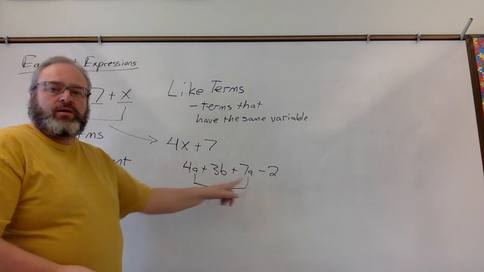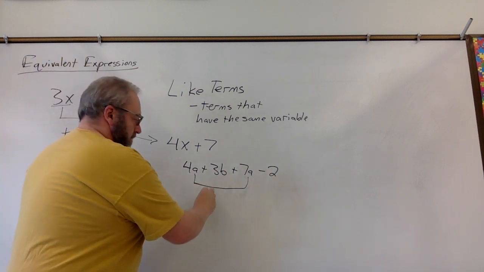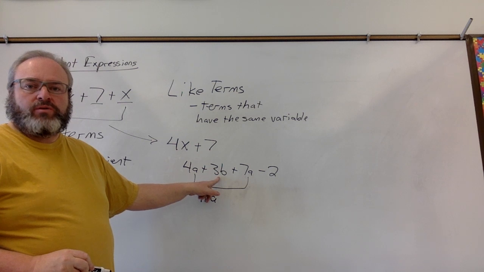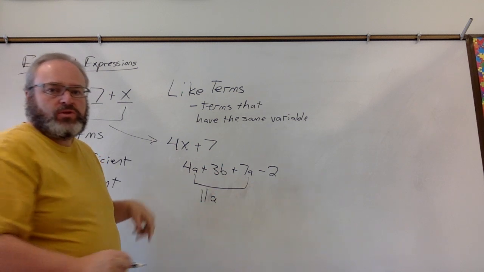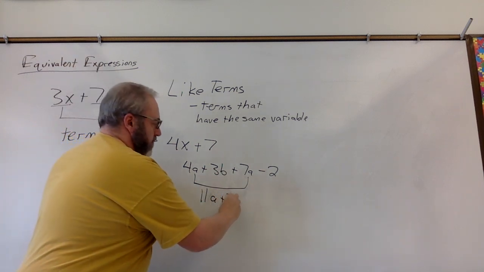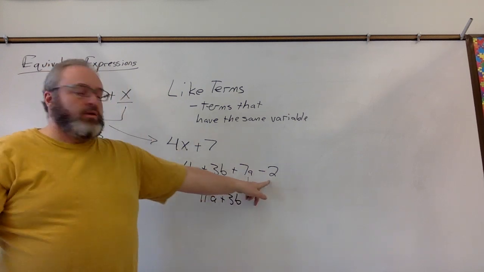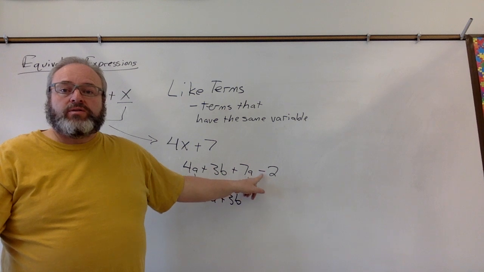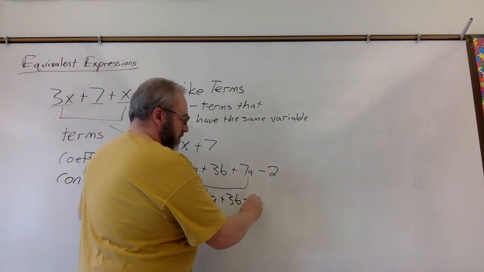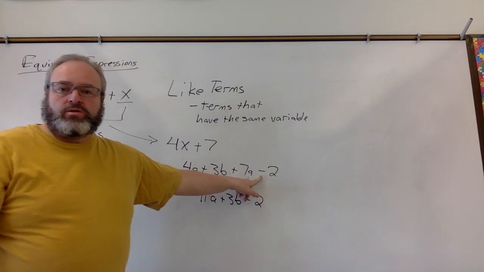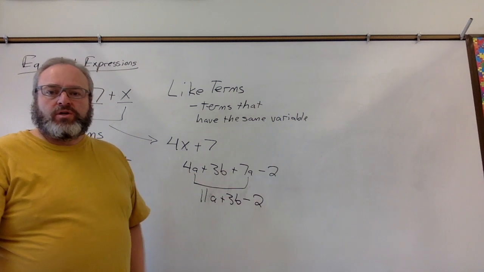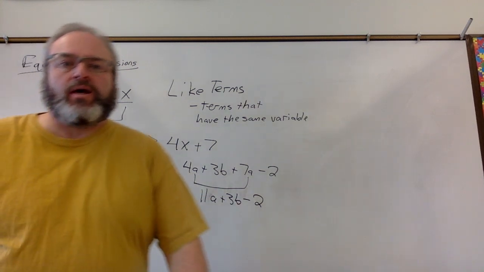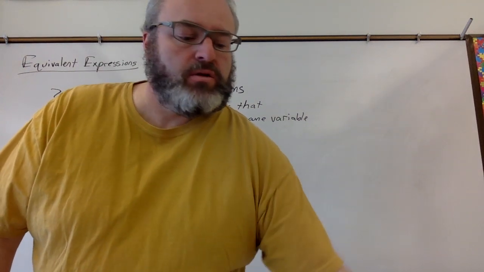So we have 4a plus 7a is 11a. There's a 3b here. Are there any other b's? No, so we will just put plus 3b. Are there any other constants? No, just the minus 2. Now since it's a minus, I'm going to put minus 2. Because there's a minus sign in front, I'm going to keep that in front here. So this is as simplified as we can get on that particular problem.